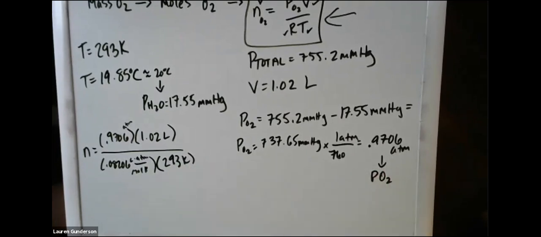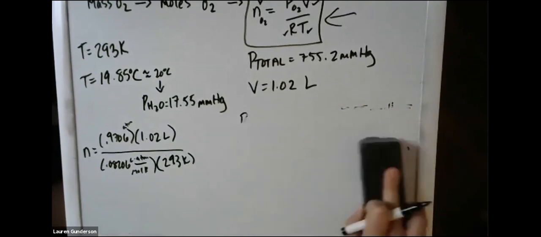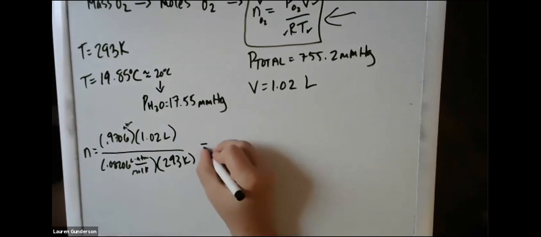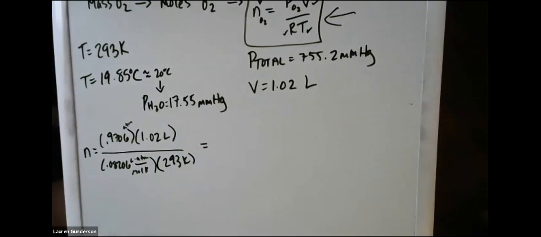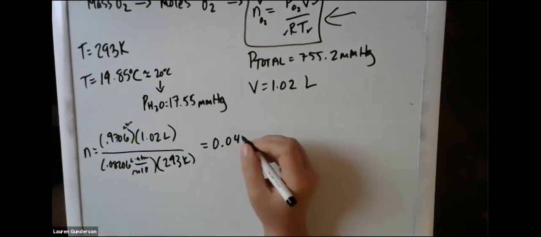Okay, I'm going to erase this stuff over here. So the mole value for my oxygen will be 0.04118.